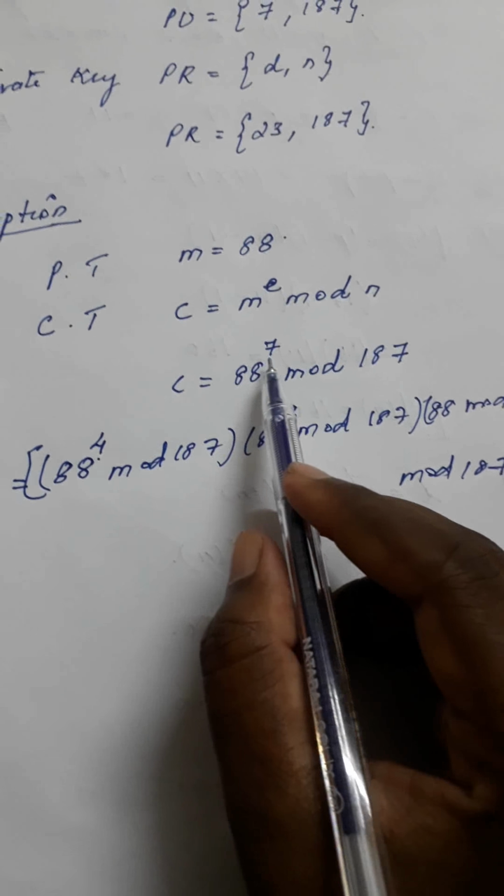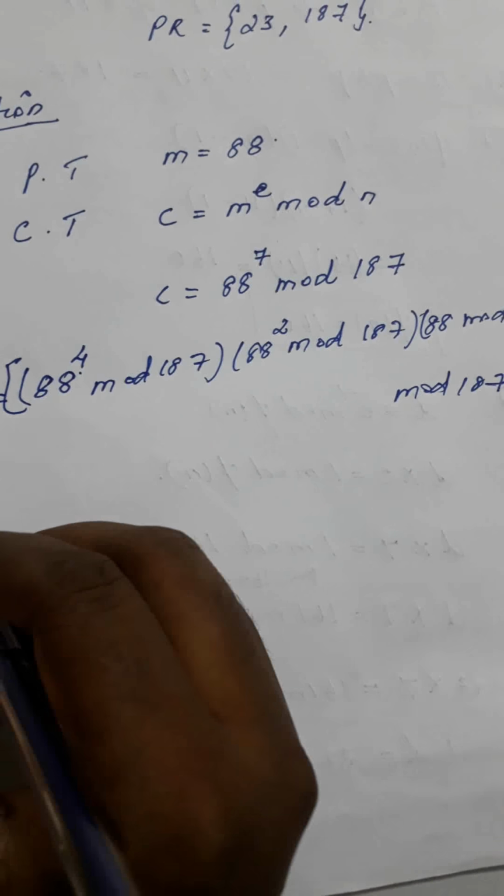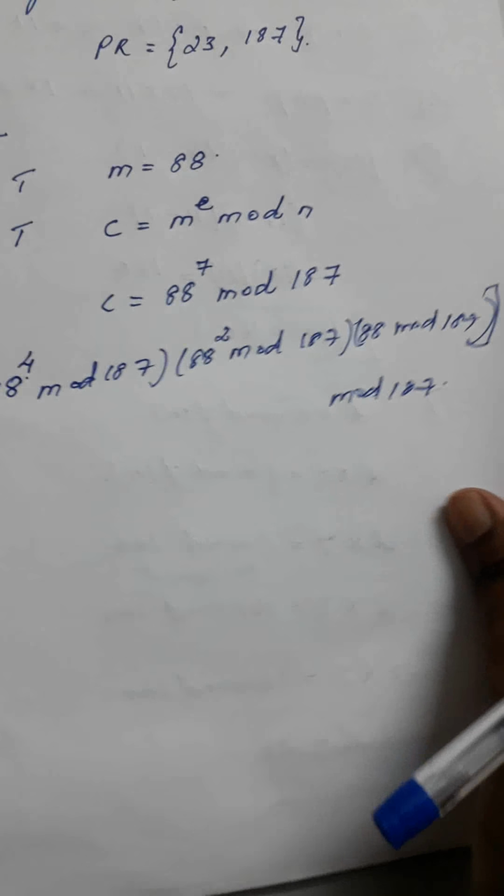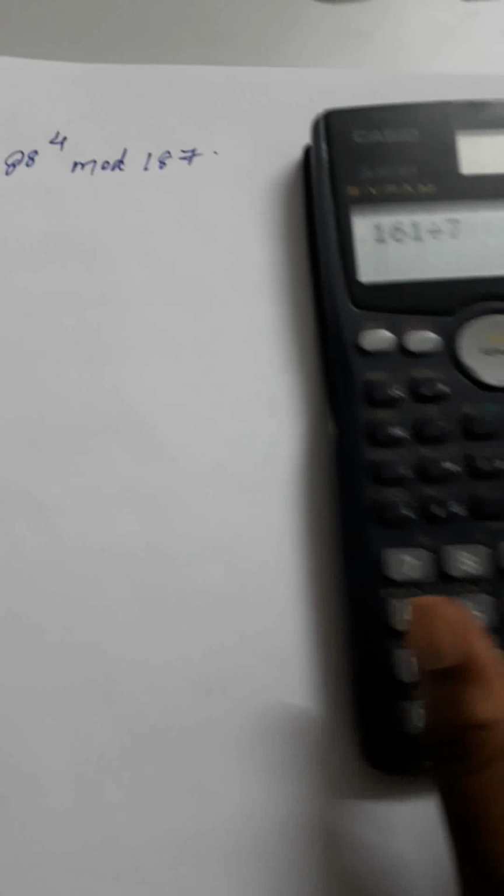You get the value power of 7. Now first we will solve for the value of 88 to the power 4 mod 187. Please have your calculators with you.